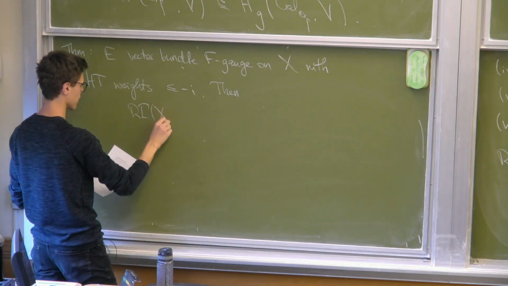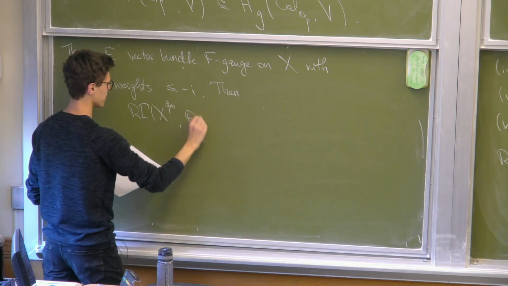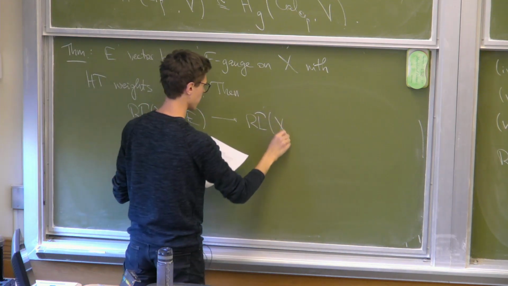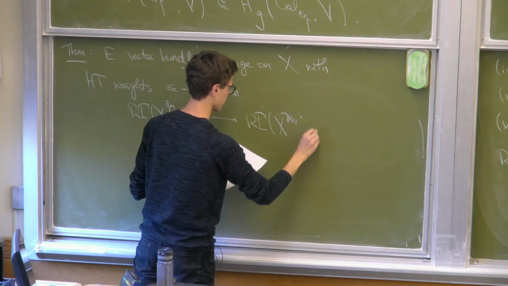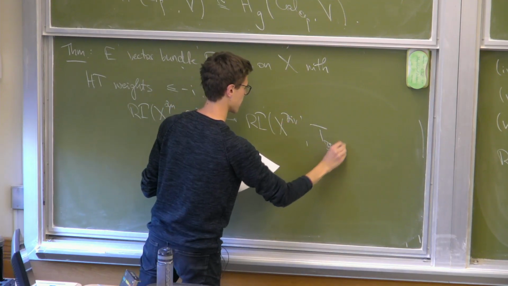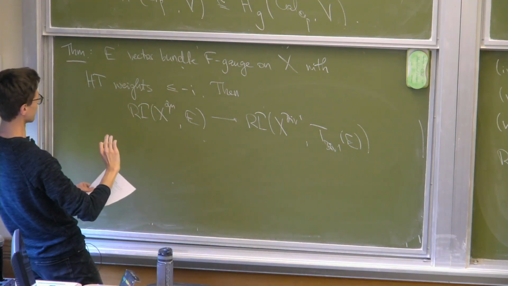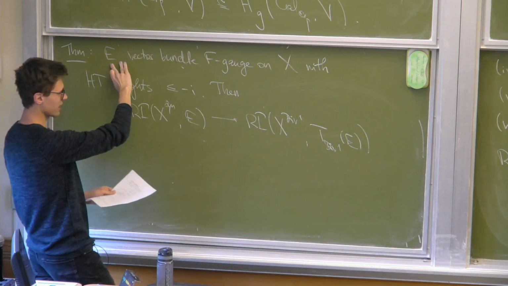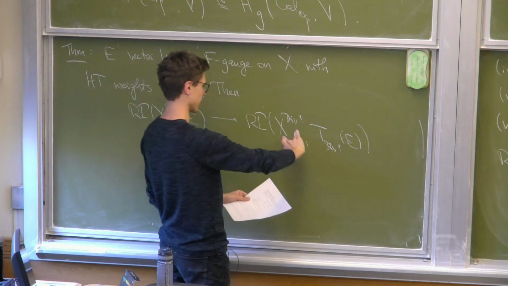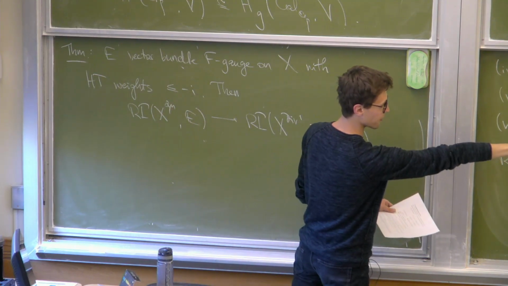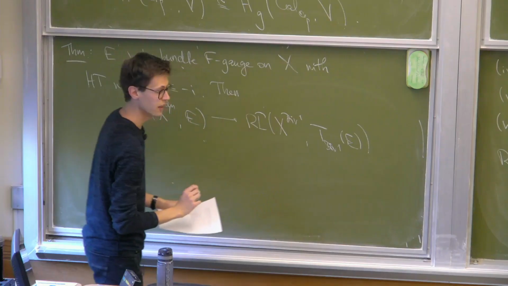And then, well, the first statement is that there is a natural map. Maybe I should say two things. So my first claim is that given such a vector bundle, there's an associated vector bundle on X diff 1, basically by pullback, which comes from this equivalence.